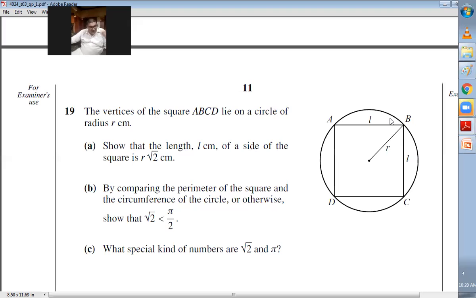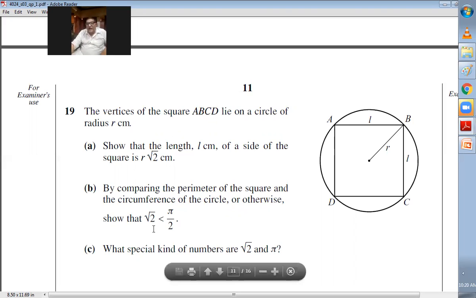The circumference of the circle should be larger than the perimeter of the square. Let me show you how I will find this.